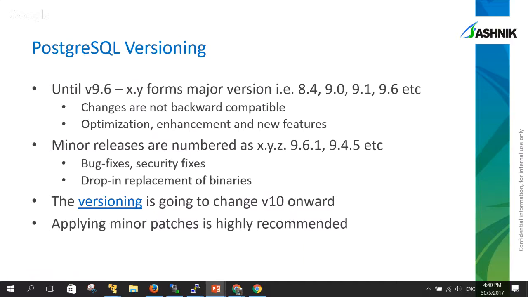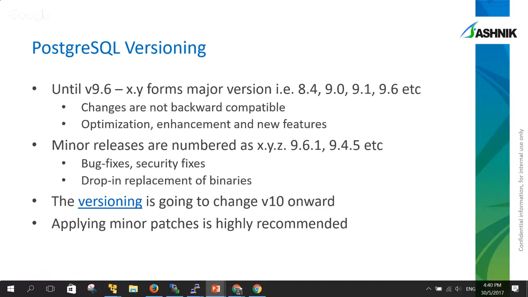These major versions usually come with heavy optimization in terms of performance, enhancements in terms of features, and a lot of new features as well. The next version, which is version 10, is going to include a lot of great features and enhancements, especially on parallel query, and a lot of performance optimization as well.